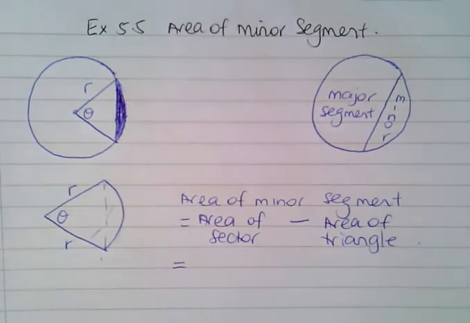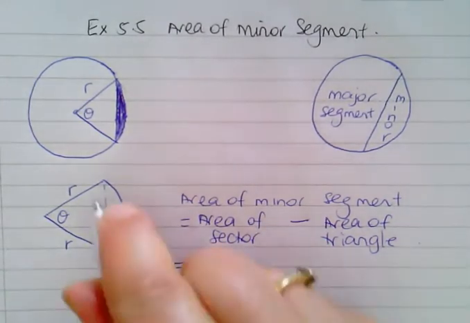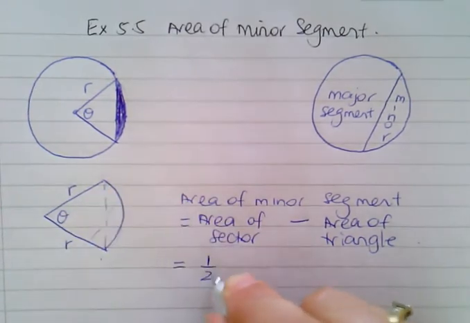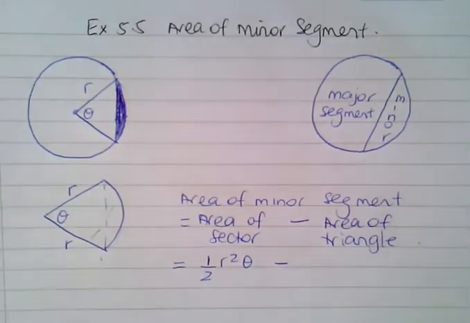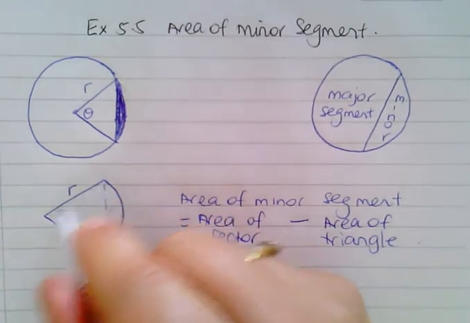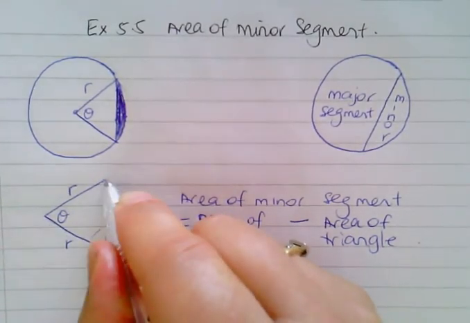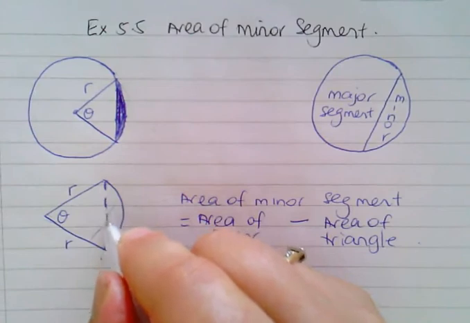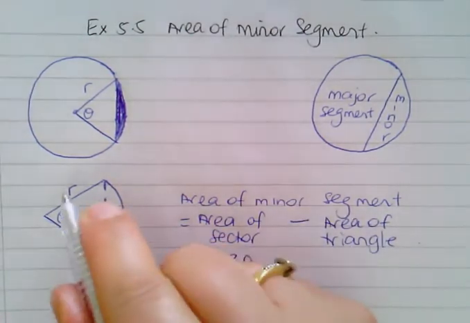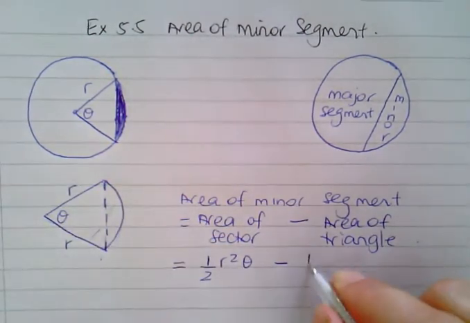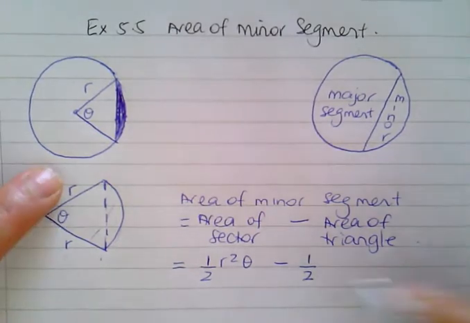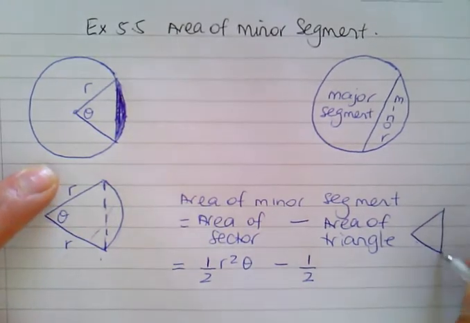Now, we looked at area of a sector in exercise 5.4, and the formula for the area of a sector is a half r squared theta. And the area of the triangle, we've learned that in trigonometry in year 11, and it's a half ab sine C. Now, I'll just draw the triangle here.